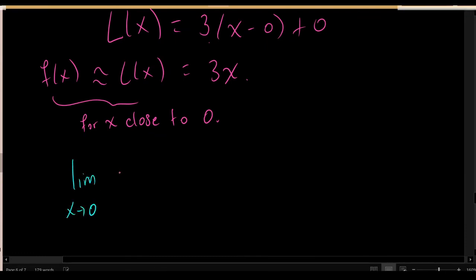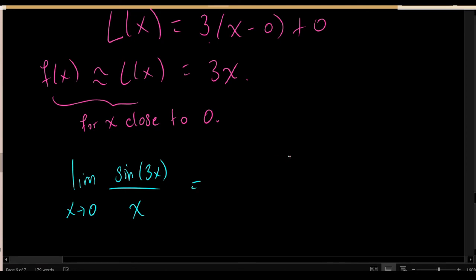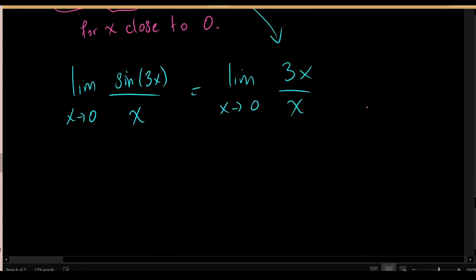And the closer that x goes to 0, the closer the linear approximation and the original function become, until basically it's appropriate to remove the original function and replace it with the approximation, remove sine 3x and replace it with 3x. As a result of this, we can now simplify this expression. It's now rational, and it becomes the constant 3.